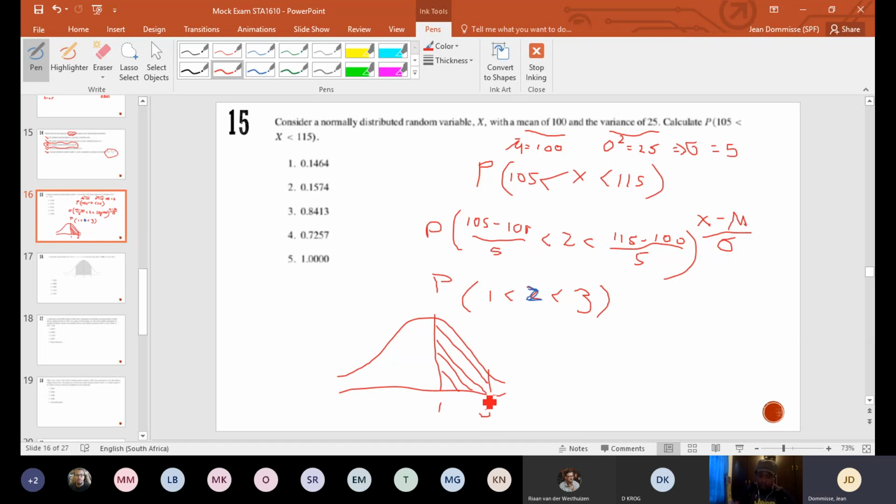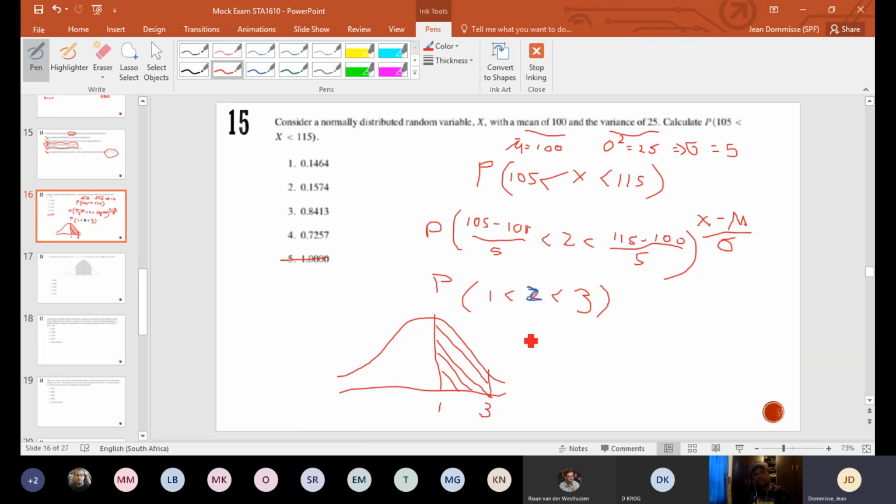When we look at that, you nearly say, well, it can't be 1, because you needed to have a minus 3 there as well.